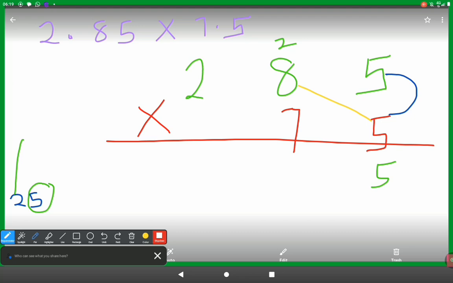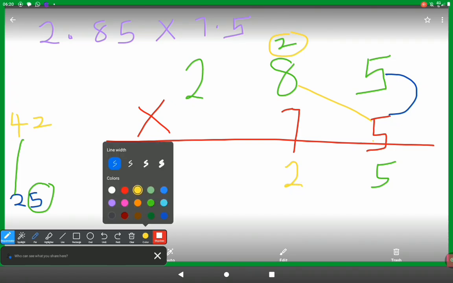Don't forget, we need to use the 5 to multiply everything up here first. Alright, so 5 times 8 is 40. Do not forget you are keeping 2 up on top of the 8. That means 40 plus 2 will give you 42. If we have 42, the 2 is the ones. I'm going to put the ones down and keep my tens.